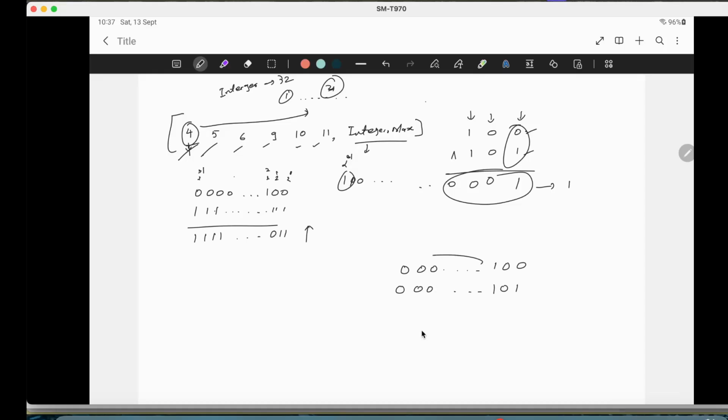Obviously all these bits are the same, only an extra bit differs. So I don't want to keep on storing these bits in different places or create separate nodes for them.